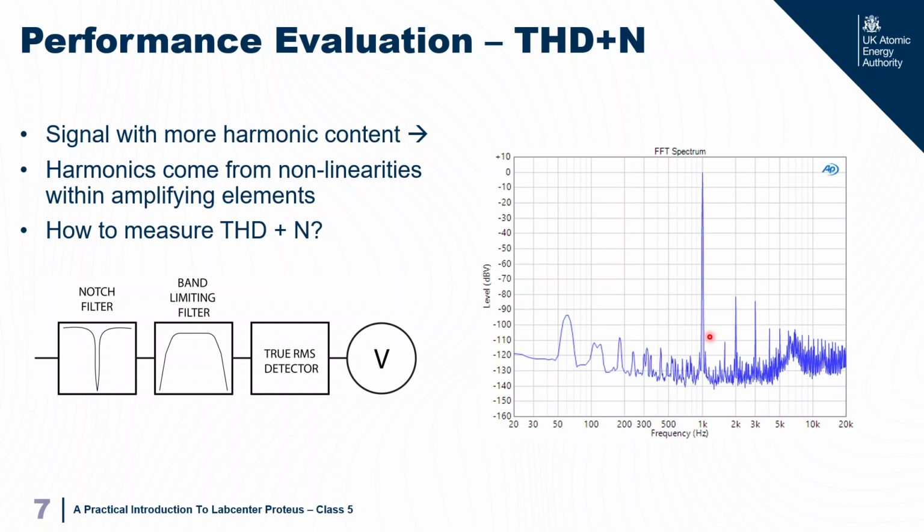If the fundamental frequency is 1 kilohertz, what are the integer multiples of 1 kilohertz? 2, 3, 4... All of them. Integer multiples is just every single one: 1, 2, 3, 4, 5, 6, 7, 8, 9 times. Every integer multiple of the fundamental is classed as a harmonic.